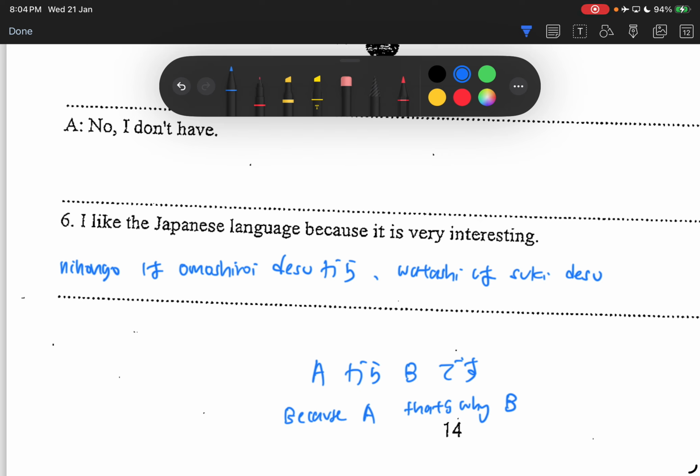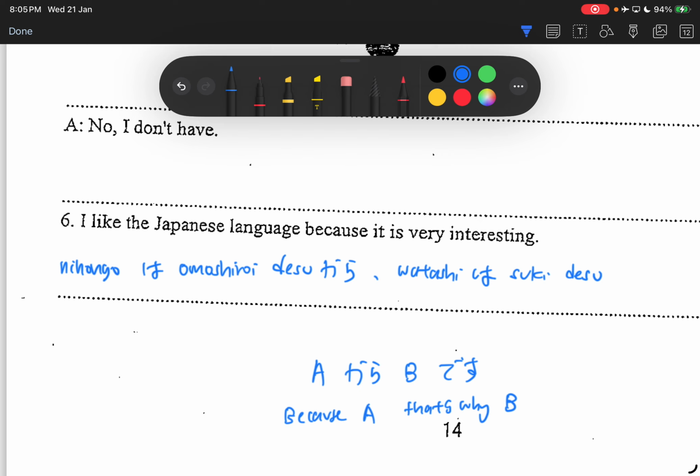You see two desu over here because it is in two sentences. The first sentence, 日本語は, the topic is about the Japanese language in general, not about your Japanese. Japanese language is 面白い, interesting, ですから.